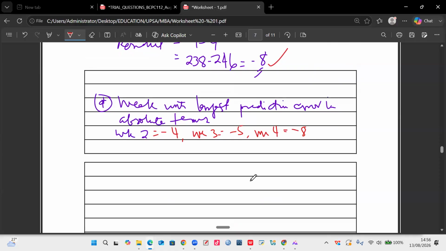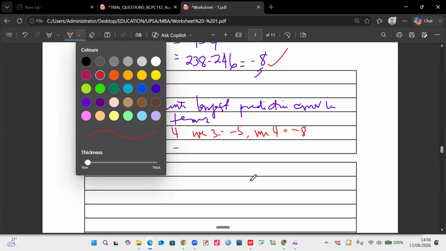But it says in absolute terms. Absolute terms means this -4 will become +4: remove the negative sign and make it positive. But you have to express it mathematically. I express the -4 in absolute terms by introducing bars before and after the -4.